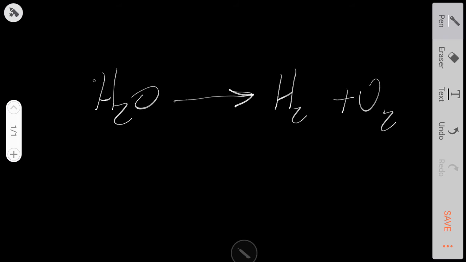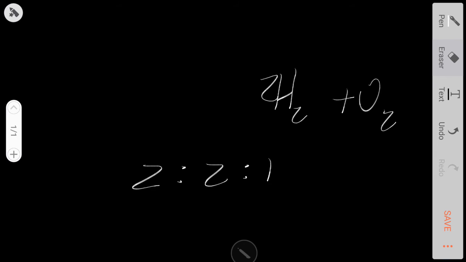If I balance it out, you will hopefully end up with 2, 2, and a 1 here, but we don't typically write 1. So the coefficient ratio here is 2, 2, 1. Awesome. So that's a simple one to memorize. What exactly does coefficient ratio mean? You're just writing out the coefficients after you balance it.